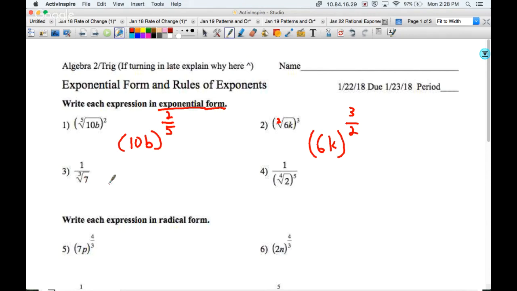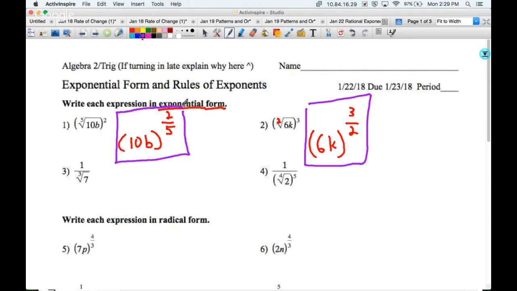Number 3, this one involves yet another property to get to the final answer. It's written in a fraction with a 1 on the top. That is automatically making me think about my negative exponents property. So if I want, let me first rewrite that cubed root of 7 as 7 to the 1/3.